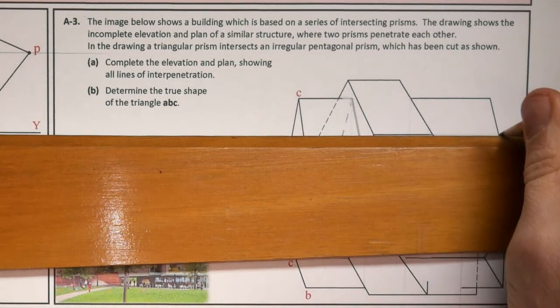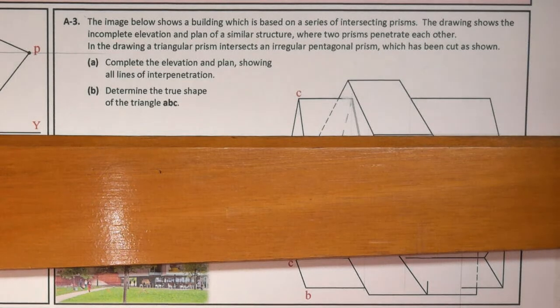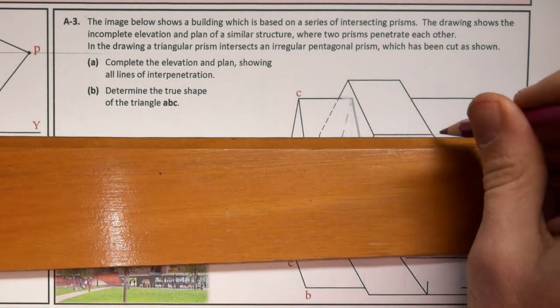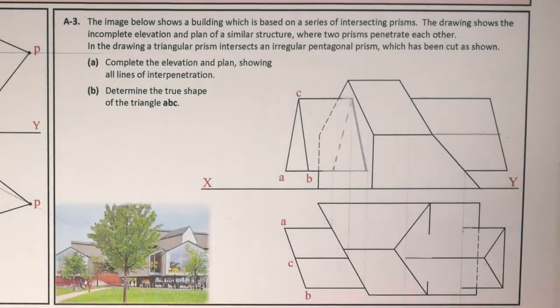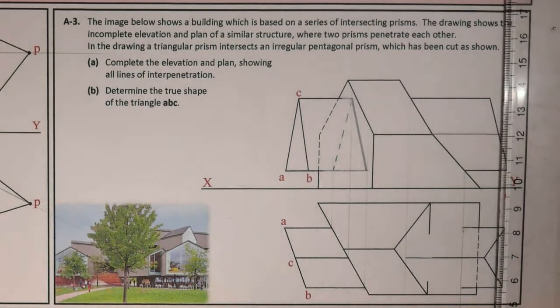So I'll use that. I'm actually going to use a little bit of colour just to highlight it. So here's my cut, and what that will do is create a cut on this prism. So let's show that.